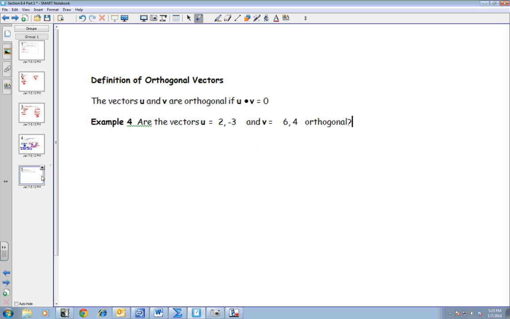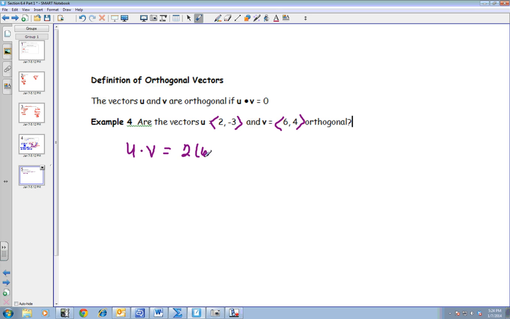Okay, last thing we're going to talk about is the definition of orthogonal vectors. Vectors are orthogonal if their dot product is 0. So that's pretty easy. Are the vectors u and v orthogonal? So we're going to find their dot product.